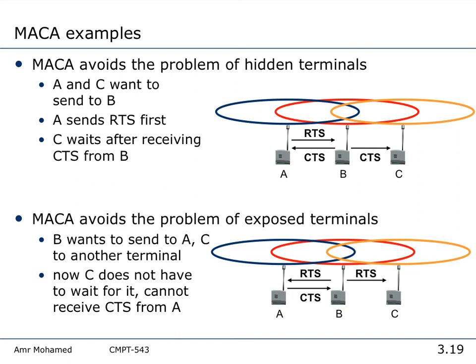Again here, in the exposed terminal problem, B is trying to send to A, and C is trying to send to another node D. So C will know from the RTS that B is trying to send to A. And C wants to send to D, which is another node, right? So it knows that its own transmission is not relevant to this transmission.